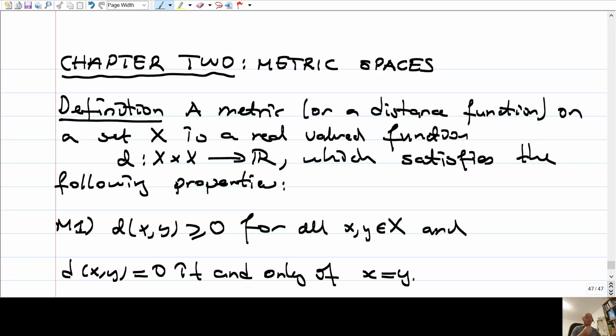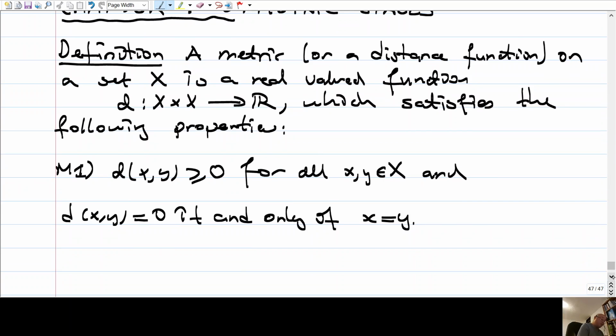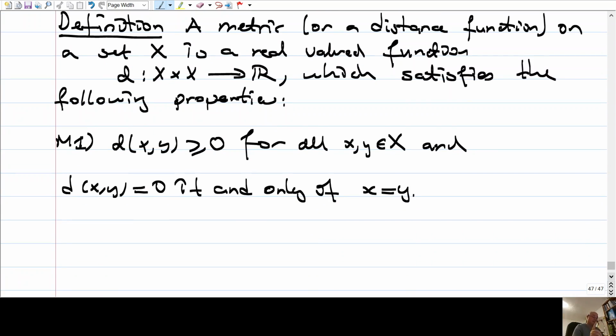If the distance between 2 points on a set is 0, then they should be the same point. So this is our hypothesis for a function to be a metric, okay? It should satisfy this rule. If d(x,y) is 0, then x must be equal to y. Otherwise, I cannot call d a metric.